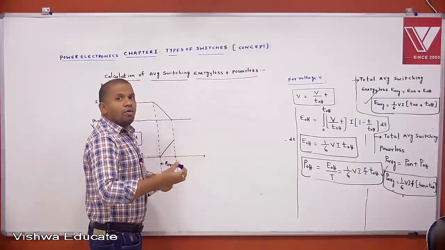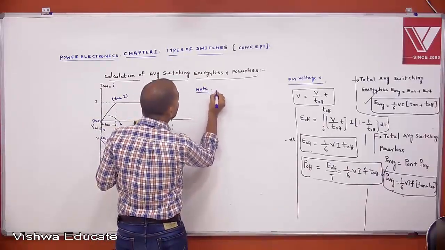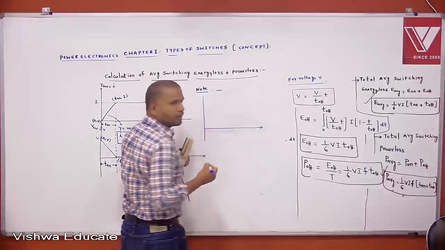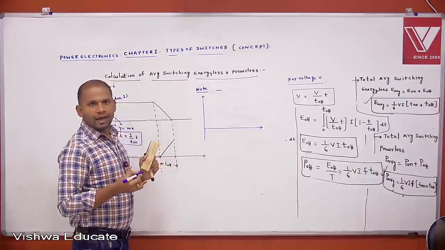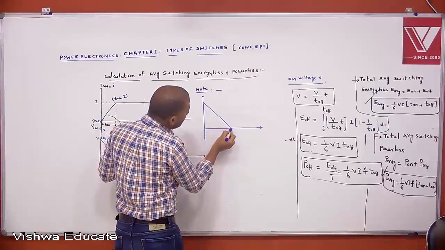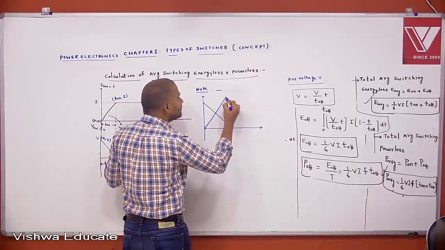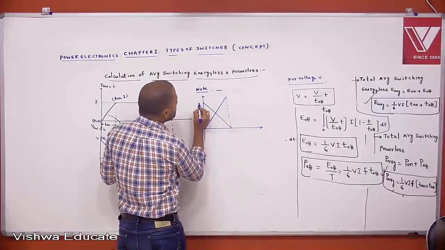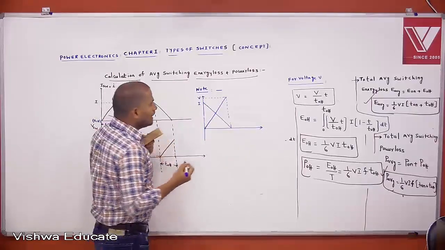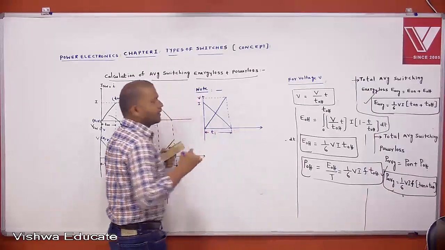If the characteristics are like this, it may be voltage or current, whatever it may be, linearly rising, linearly falling, and linearly rising, let this be I and this be V. Let this time be T1. It may be on time or off time.